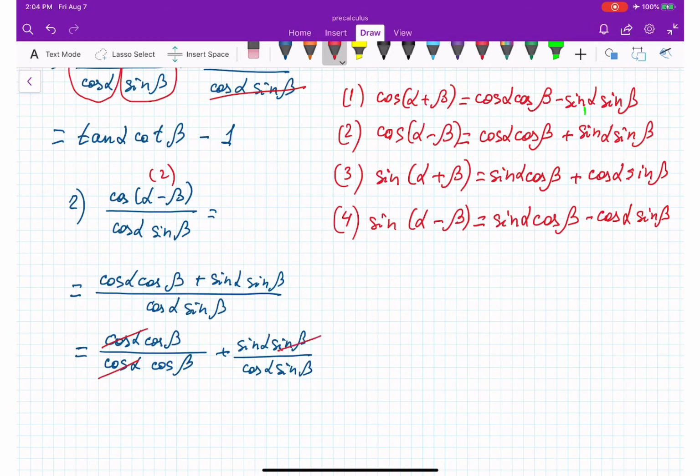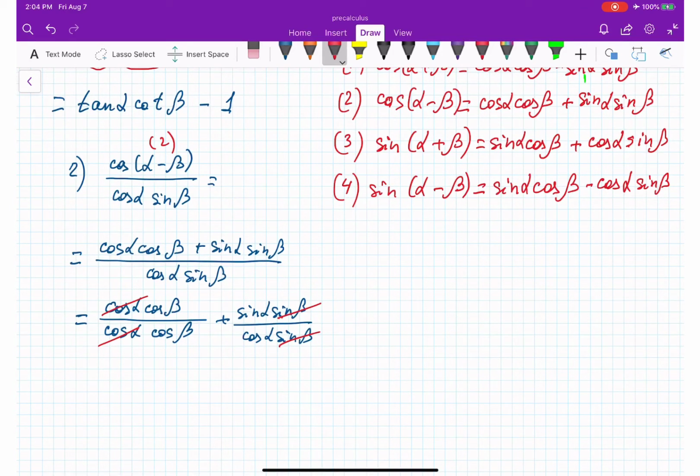Sine beta over sine beta, this is gone. And as a result, we are getting cosine beta over sine beta, which gives cotangent beta, and then plus we are going to get tangent alpha, right?